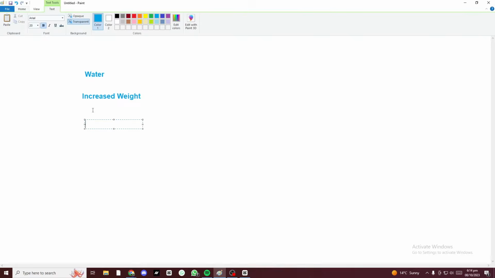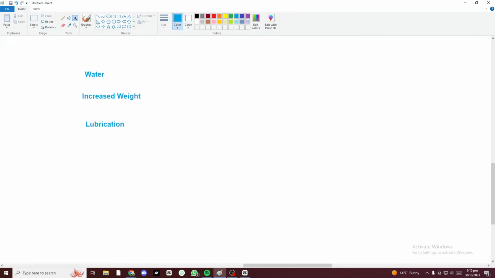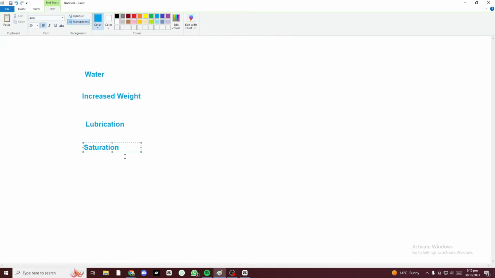Okay, next up, water acts as lubrication. So water acts as lubrication between soils and rock particles. It reduces the friction that holds them in place, making it easier for them to move downslope. Water causes saturation.